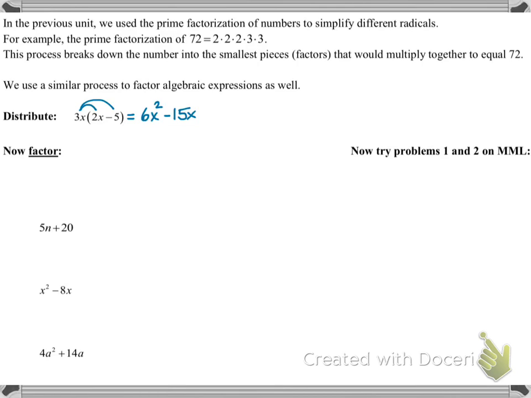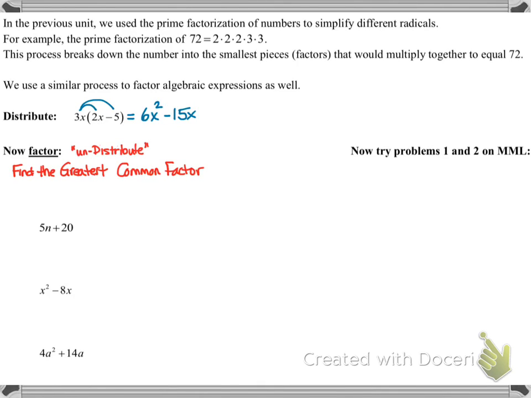The factoring now is reversing that process. So essentially, I want you to undistribute that. We're going to go from right to left of that equal sign rather than left to right. The first thing that we need to do is determine or find what we call the greatest common factor. Greatest just means biggest.